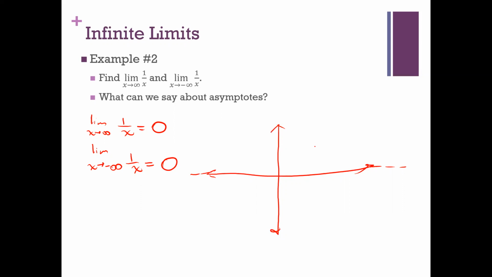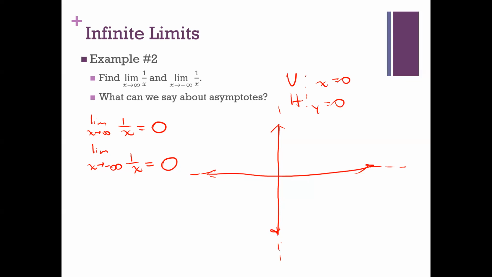What equals 0 when I'm talking vertical asymptotes? The x value, right? So I have a vertical asymptote at x equals 0 and a horizontal asymptote at y equals 0. Basically, my y-axis and my x-axis are both serving as asymptotes here.